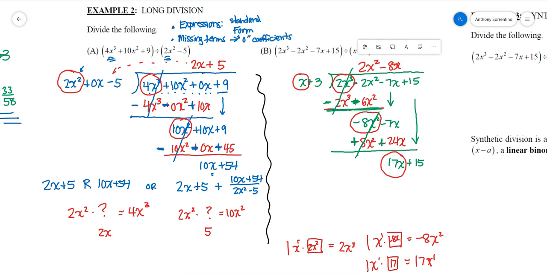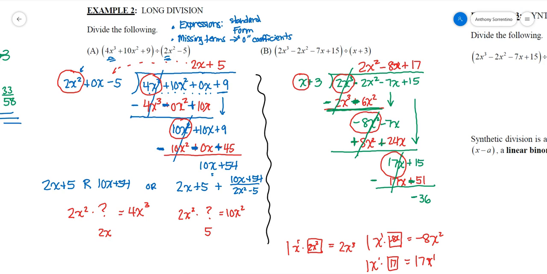That's an ugly x I had up there. Plus 17. And so I'm going to add up 17x here plus 17 times 3 is 51. I carry through my subtraction. These cancel. This is a minus now. 15 minus 51 becomes a minus 36. And that's what the remainder is.